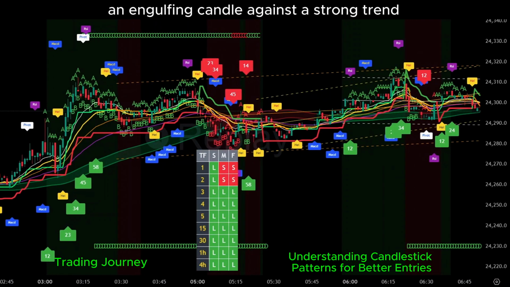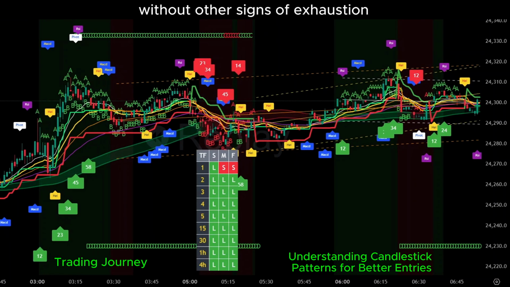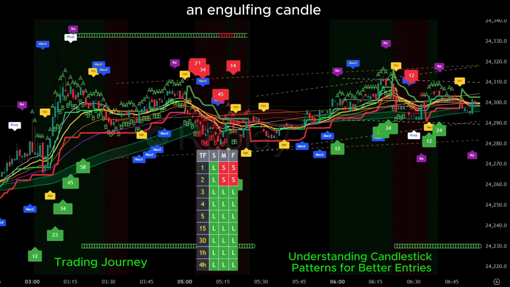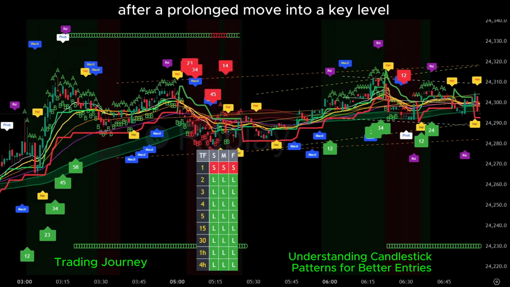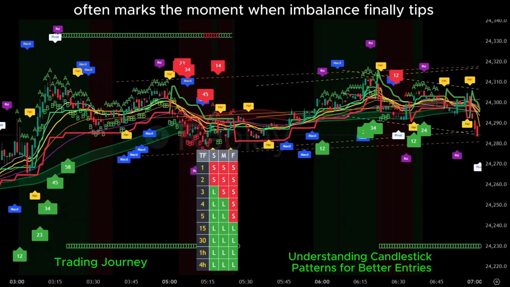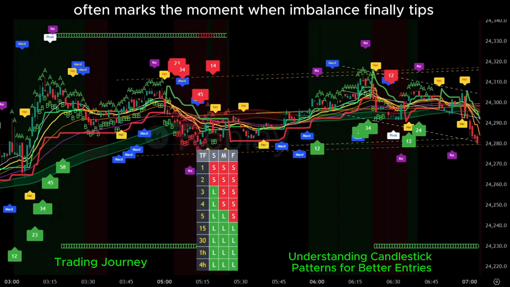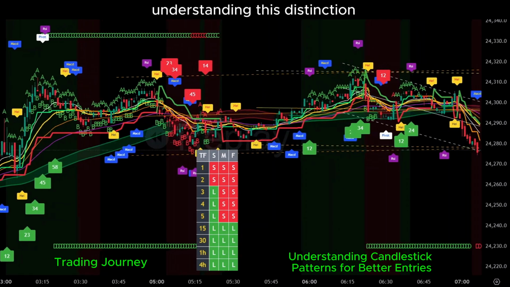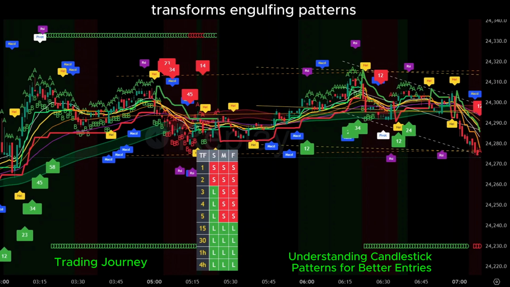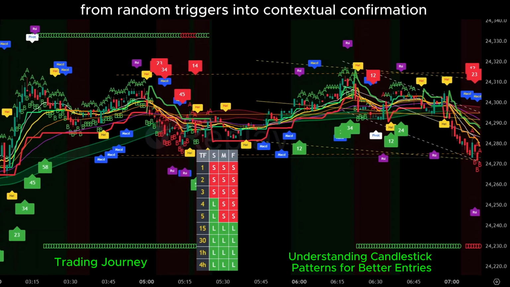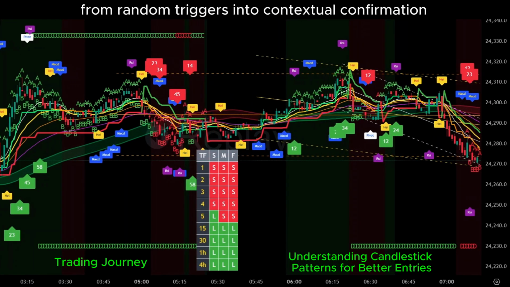An engulfing candle against a strong trend without other signs of exhaustion often fails. An engulfing candle after a prolonged move into a key level often marks the moment when imbalance finally tips. Understanding this distinction transforms engulfing patterns from random triggers into contextual confirmation.